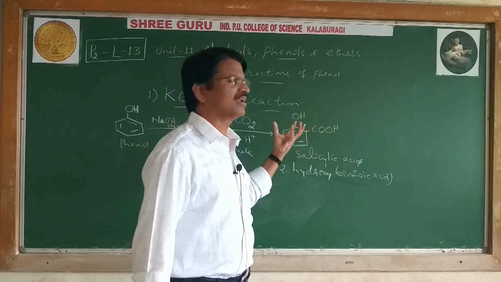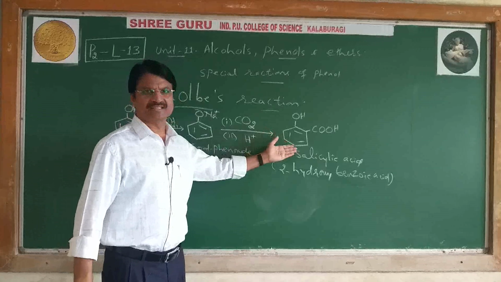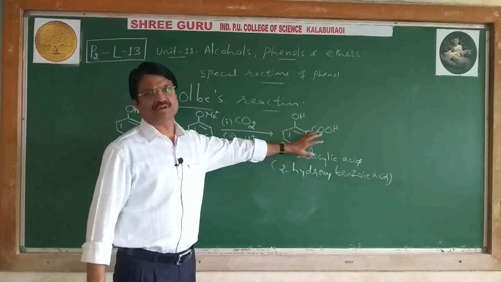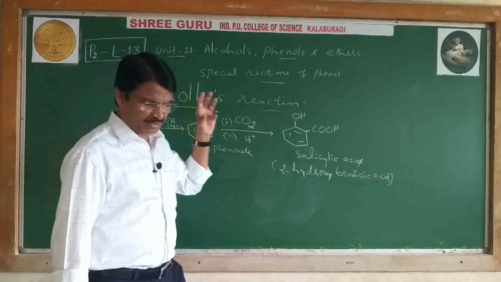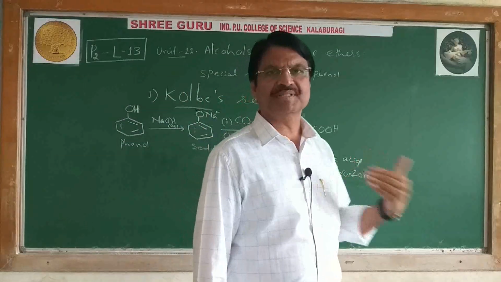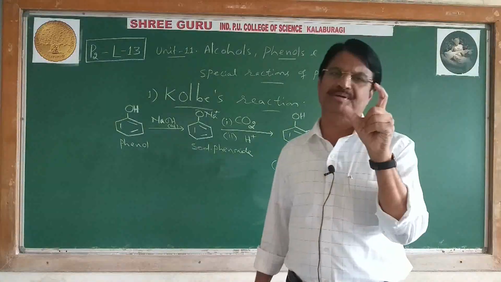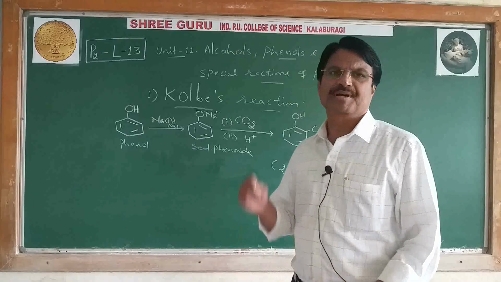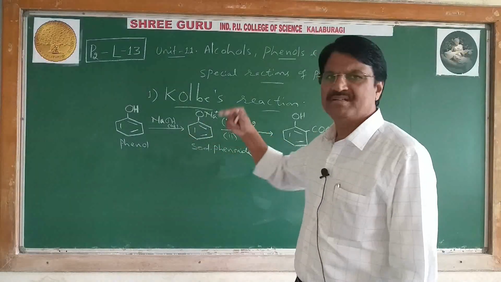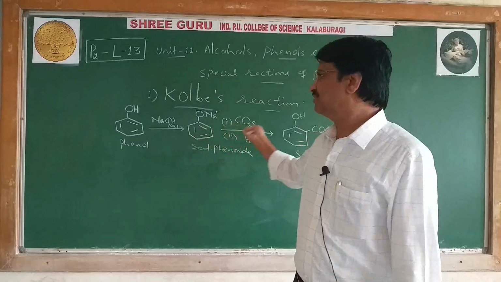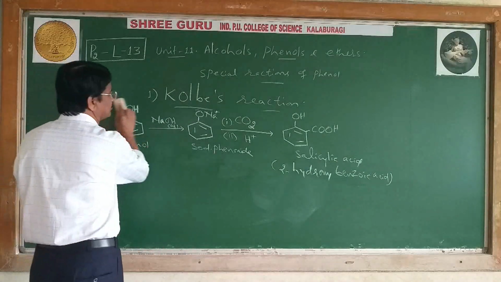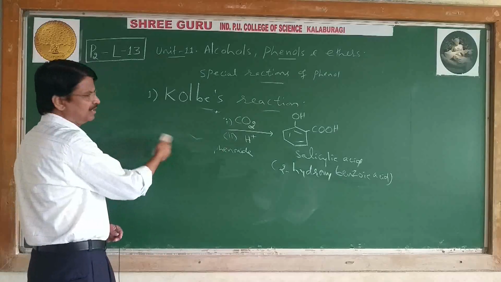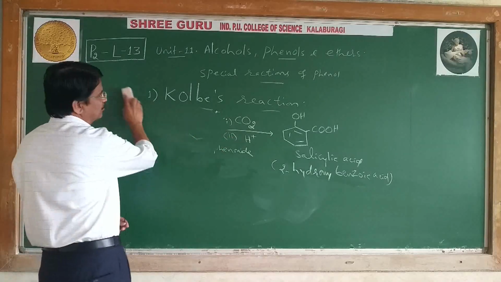So some medicinal compounds are obtained using salicylic acid, an important organic compound obtained from phenol by Kolbe's method or Kolbe-Schmitt method. I will tell you the mechanism and other methods, how to write a step-by-step equation for Kolbe's reaction. But in the exam, write this method. This is important. Okay.